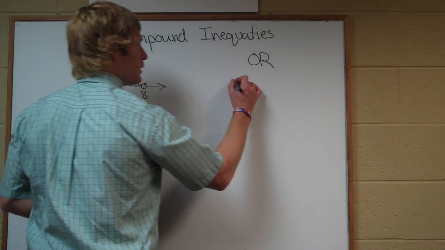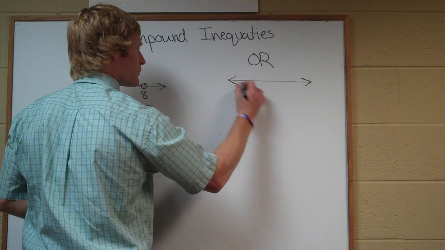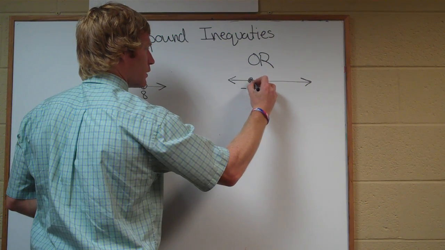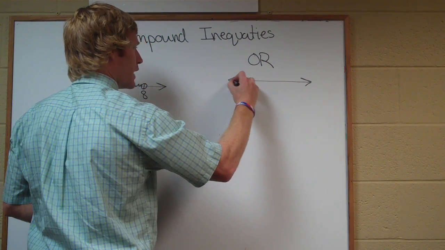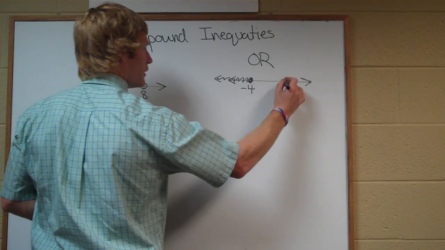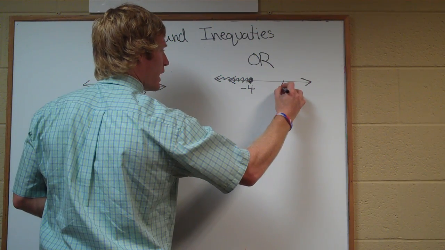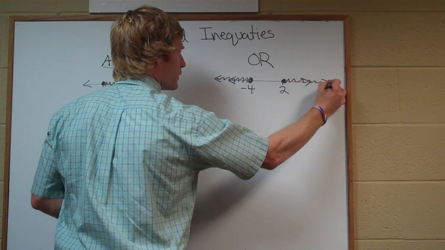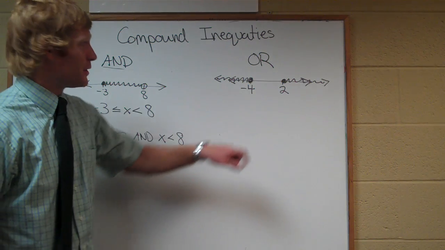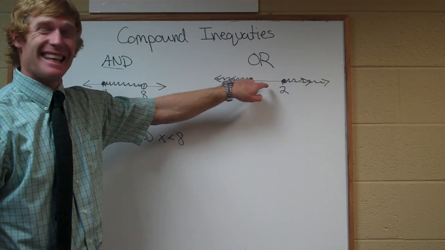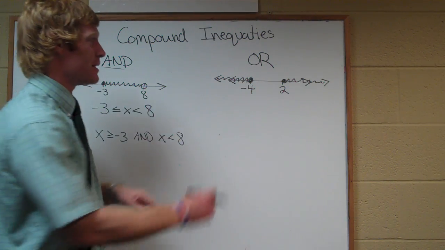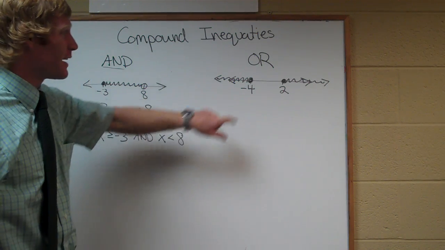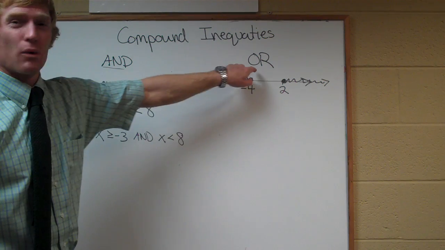Or statements, you're going to look at something like this. -4, closed circle, shading going to the left. We've got +2, closed circle as well, shading going to the right. I notice if this is given to me, it cannot be an and statement because this is the inequality. And because they're going in different directions, I got to recognize that it is an or statement.